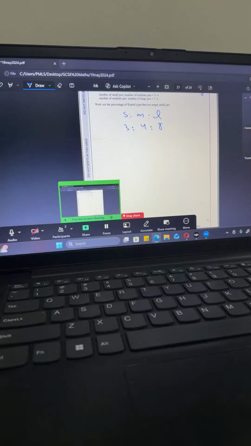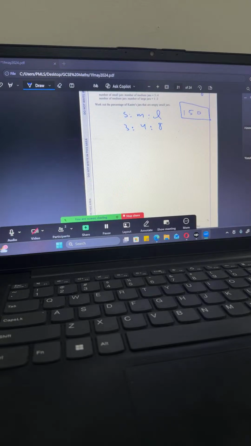I know that small, medium, and large are in the ratio 3 to 4 to 8, right? Yeah. And there are a total of how many empty jars? 150. Now, can you calculate how many of them are small, how many are medium, and how many are large?